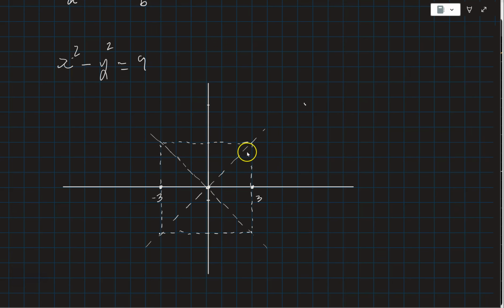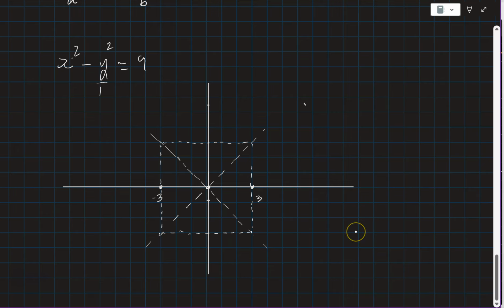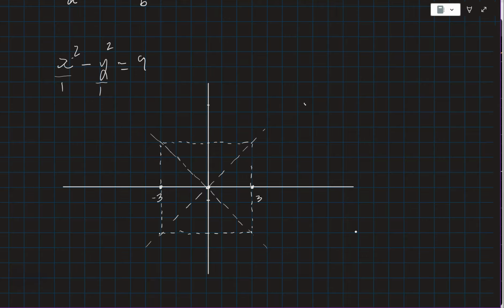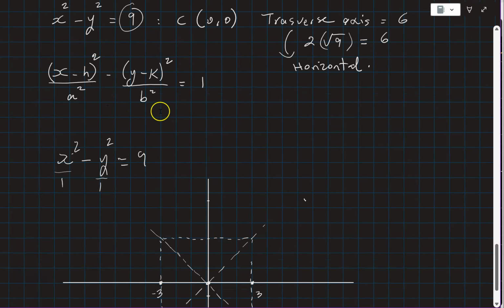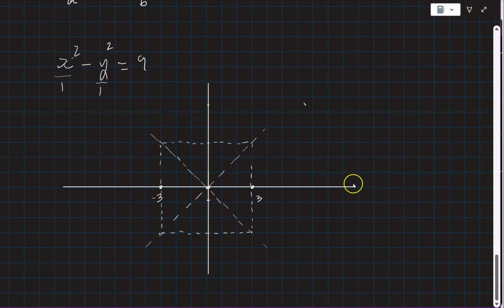The equation of the asymptote is basically rise over run. In this case, it's just y equal to x, because y squared is over 1 and x squared is over 1, so 1 over 1, and then the square root of that. In terms of the original a and b, it would be b over a. That's the slope of the asymptote.